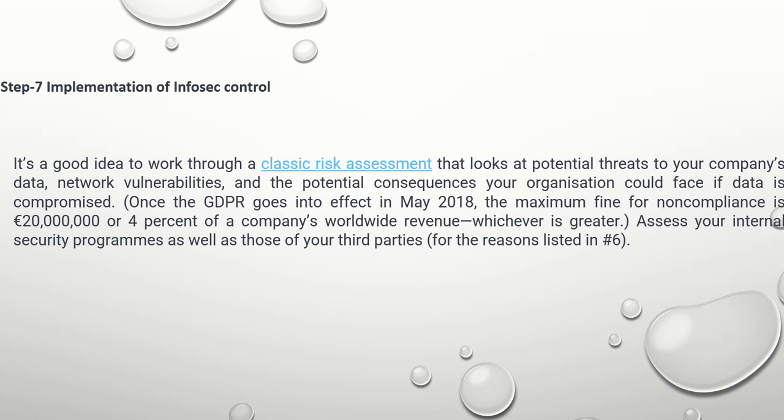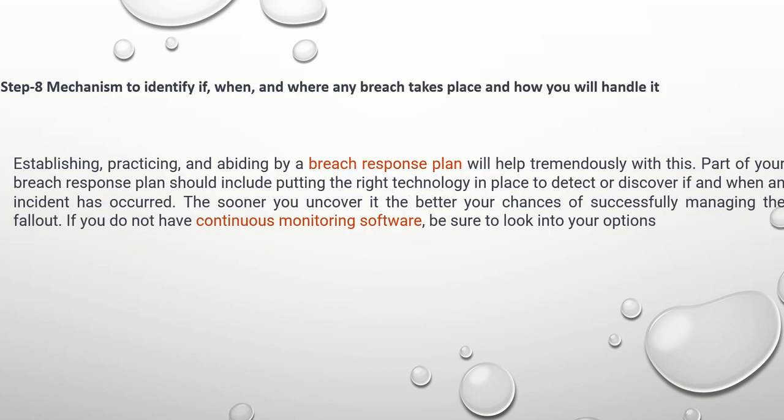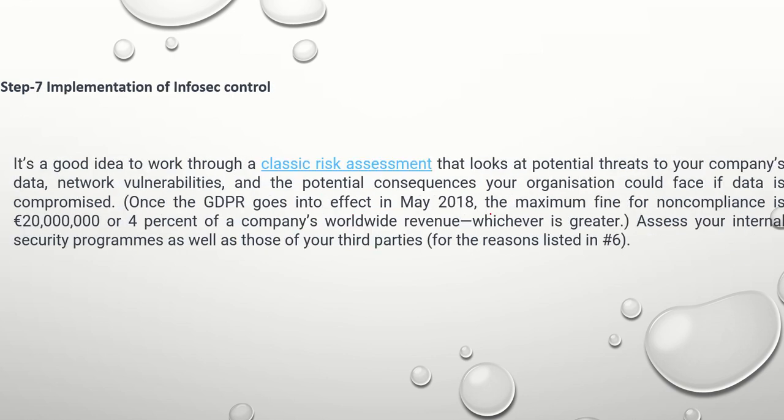The next step is the implementation of infosec controls. Because you have identified the risk to the personal information you are gathering or processing, there should be infosec controls implemented to safeguard that data.